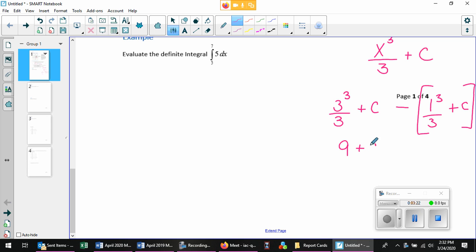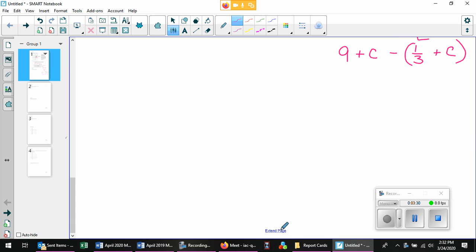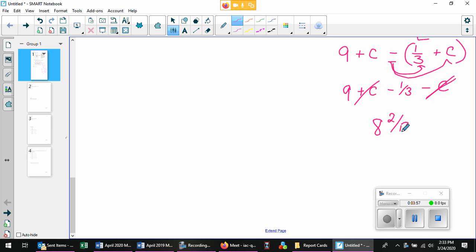So 9 plus c minus a third plus c, and that negative gets distributed throughout the bracket: 9 plus c minus a third minus c. The c's always end up canceling out, so I don't have to show that step every time. My answer would be 8 and 2/3. So the area under that curve would be 8 and 2/3.